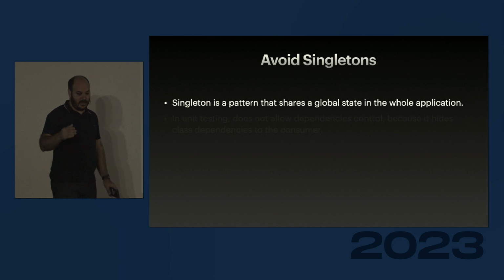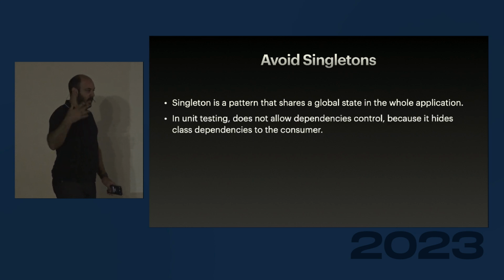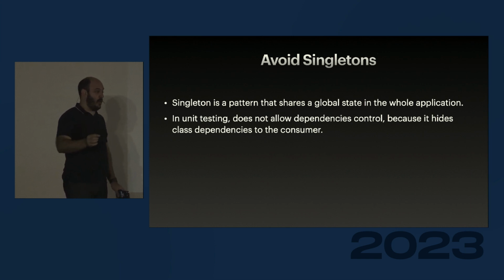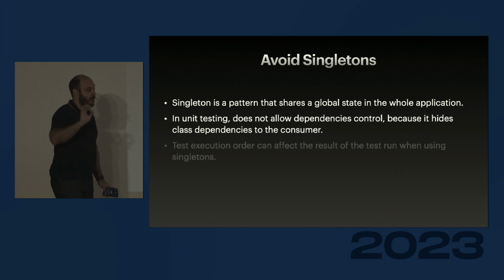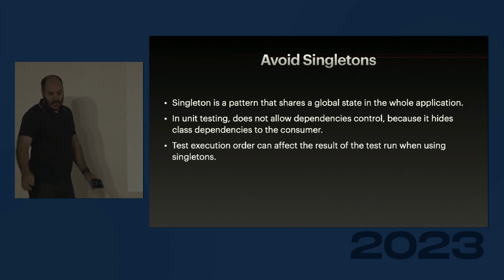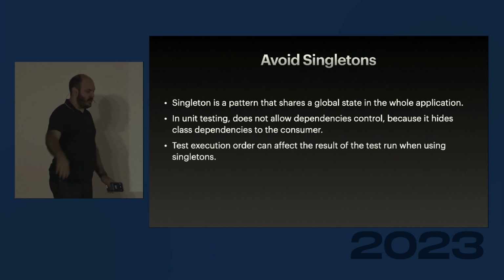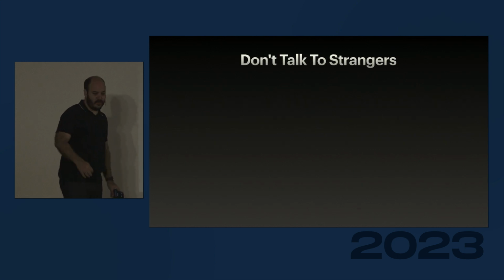Also, the singleton doesn't allow the independent tests that we want, it won't be happening. And it hides a dependency, because usually you don't pass that dependency in the initializer or property, it is just there. So you're hiding a real dependency that you have in your class. And as I mentioned, if you run the tests in another order, it will affect the result.